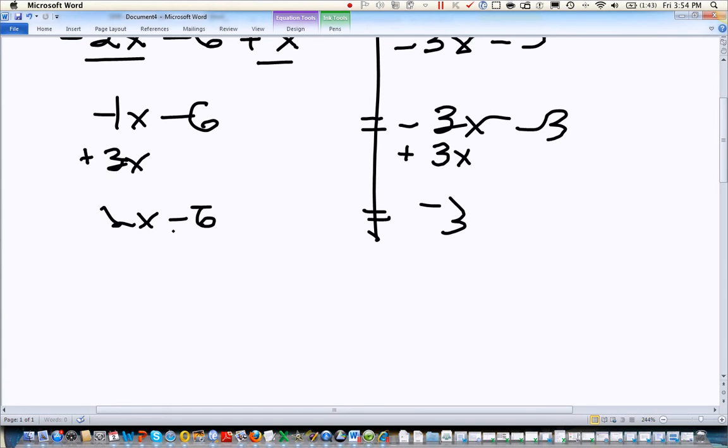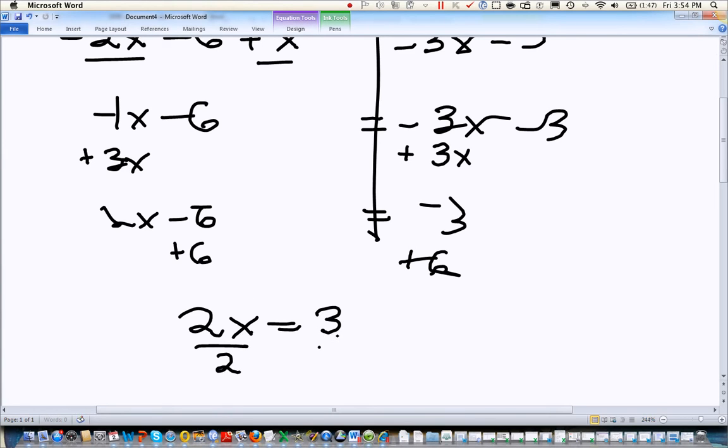The next thing I'm going to do is add 6 to both sides. Negative 3 plus 6 is 3. And lastly, we'll divide by 2.